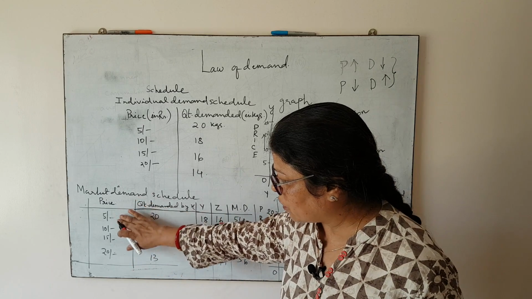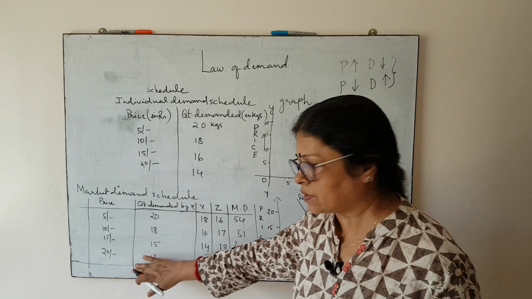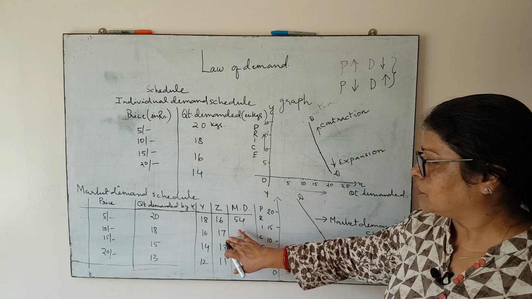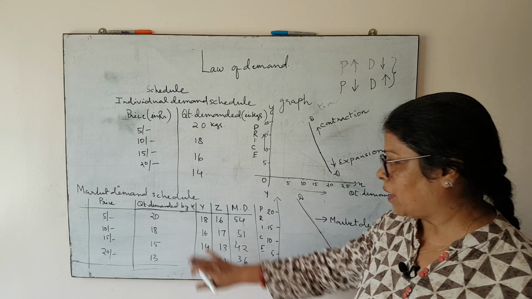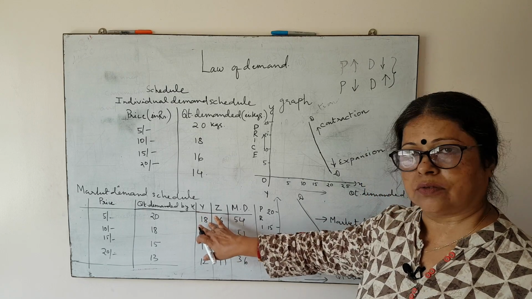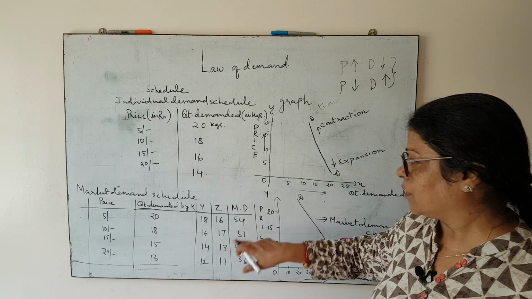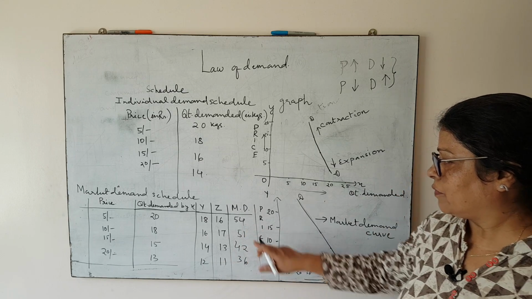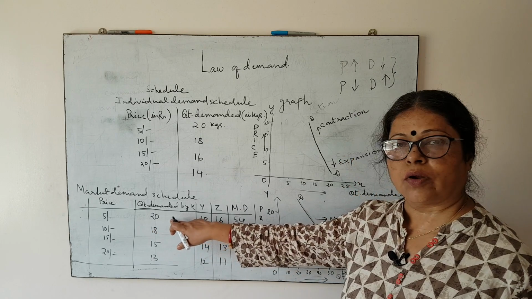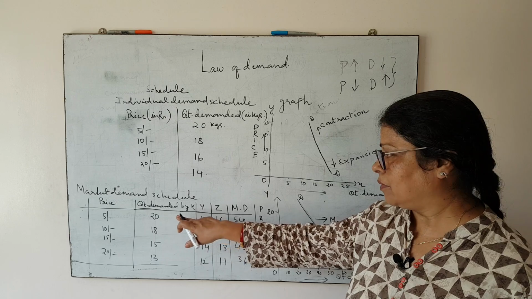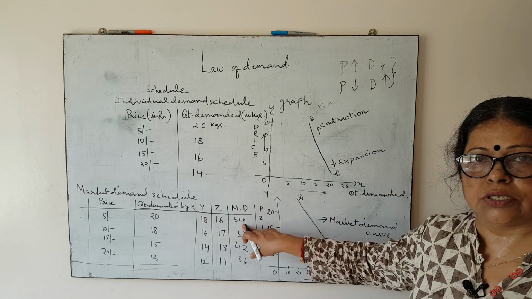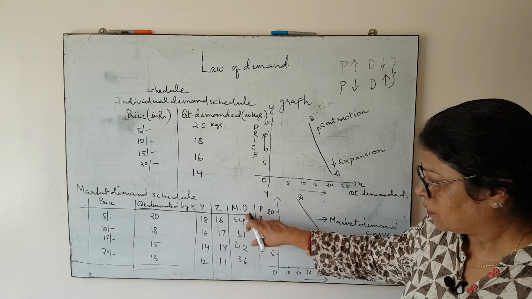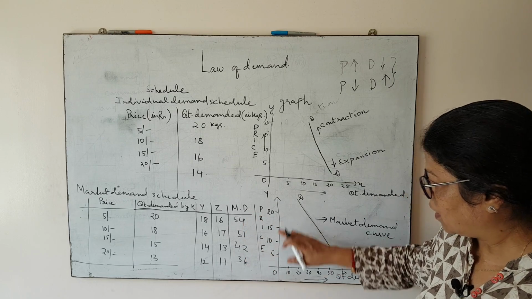You have to show the different prices in one column, and in the other three columns you explain the quantities demanded by Mr. X, Mr. Y and Mr. Z. In this column I have added all the quantities demanded by Mr. X, Y and Z. So it is a horizontal summation of individual demand. Thus you will get this number.